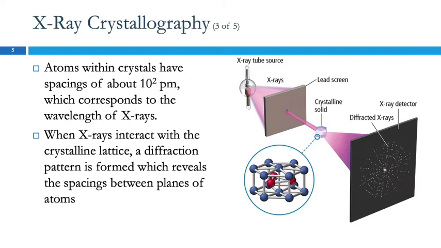The particles, the atoms or ions within the solid, act as slits. The slits are from passing between the atoms, okay? And so by passing between the atoms, diffraction patterns are made and can be seen on a detector.